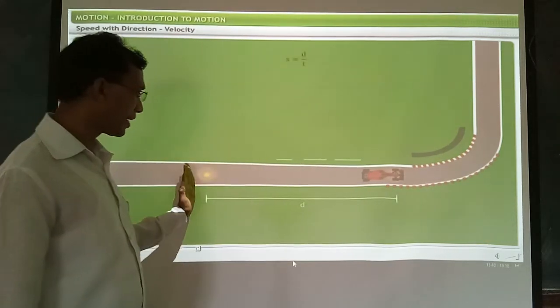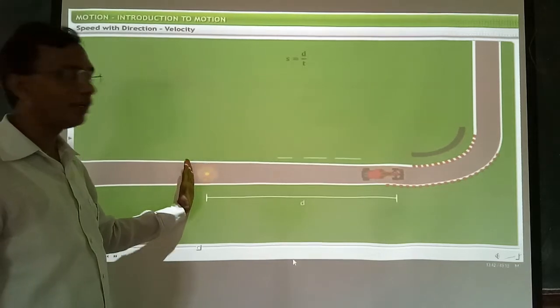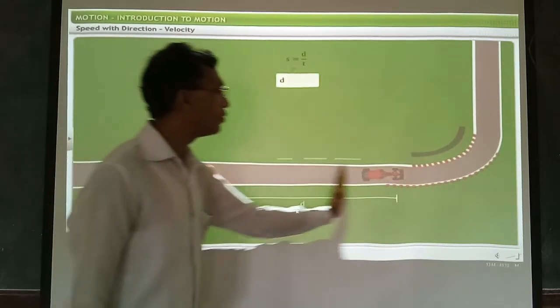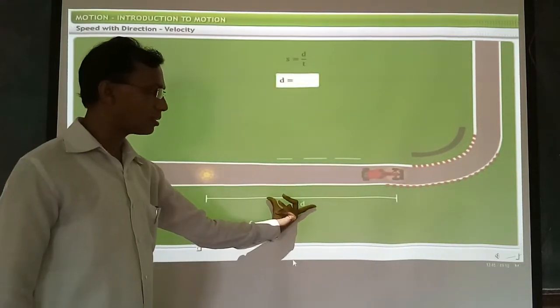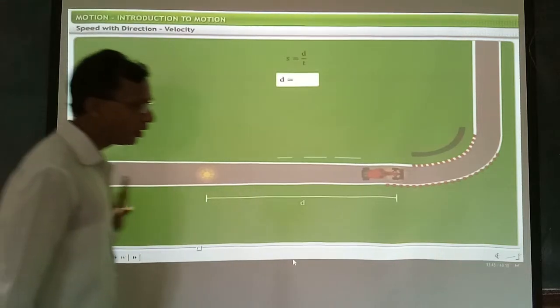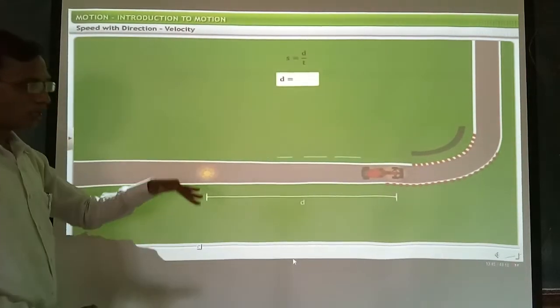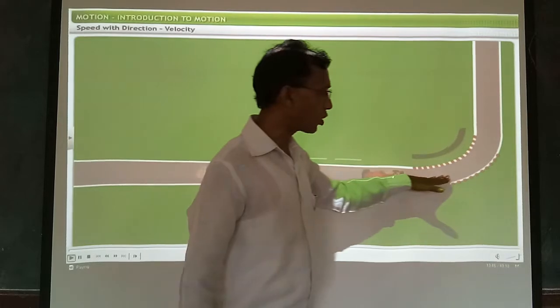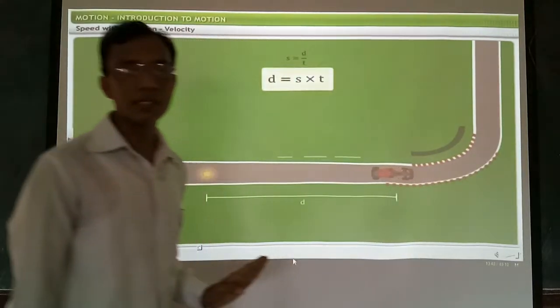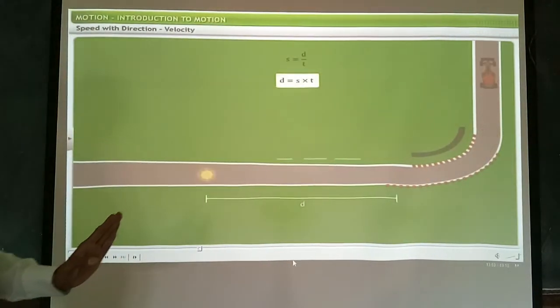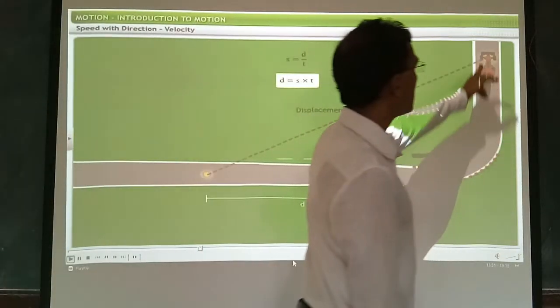Now the distance covered by the red car from the starting point, initial to final, is the distance t. This is uniform motion. Then after that the speed automatically decreases, and then the speed increases, reaching the final position.